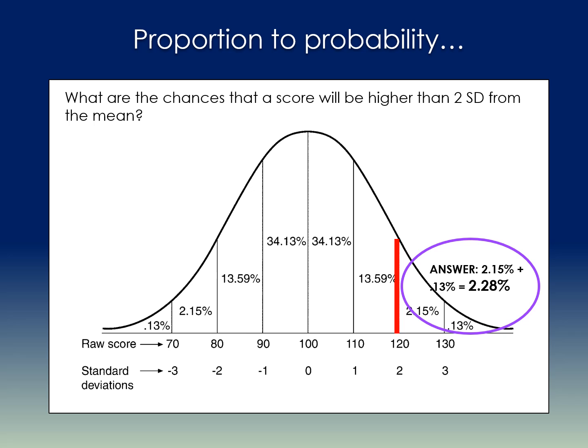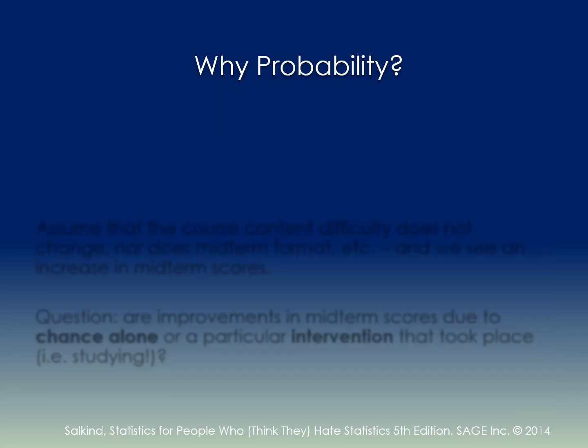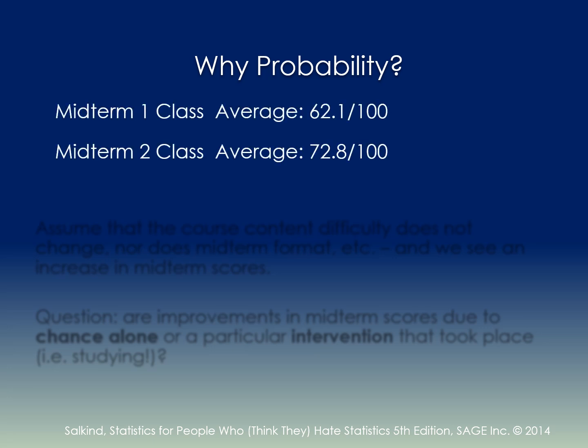And I want to take this now and extend it a little bit further with you. So I'm in a bit of a preamble here, and we'll cover this when we get to z-scores, but I kind of want to show you where we're going with this. And maybe the best way to do it is to show you an example. So let's say that I've got two midterm scores, right?